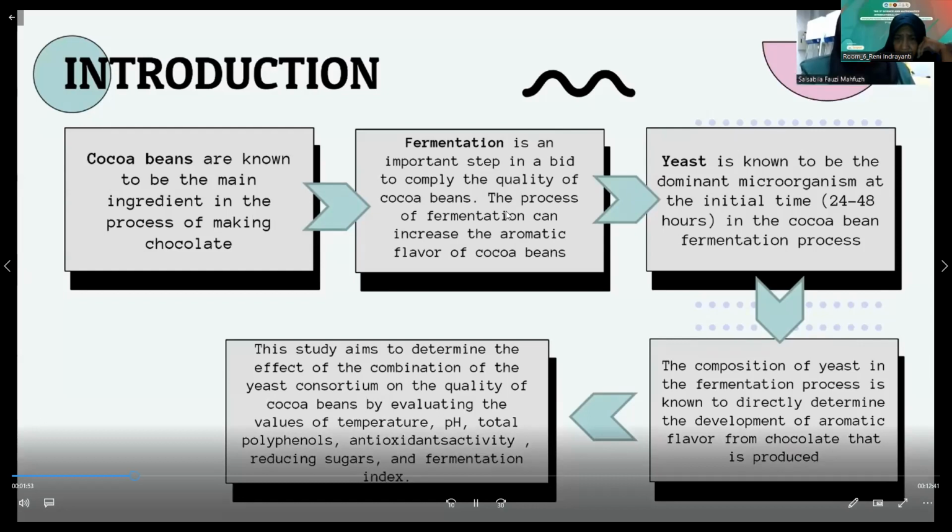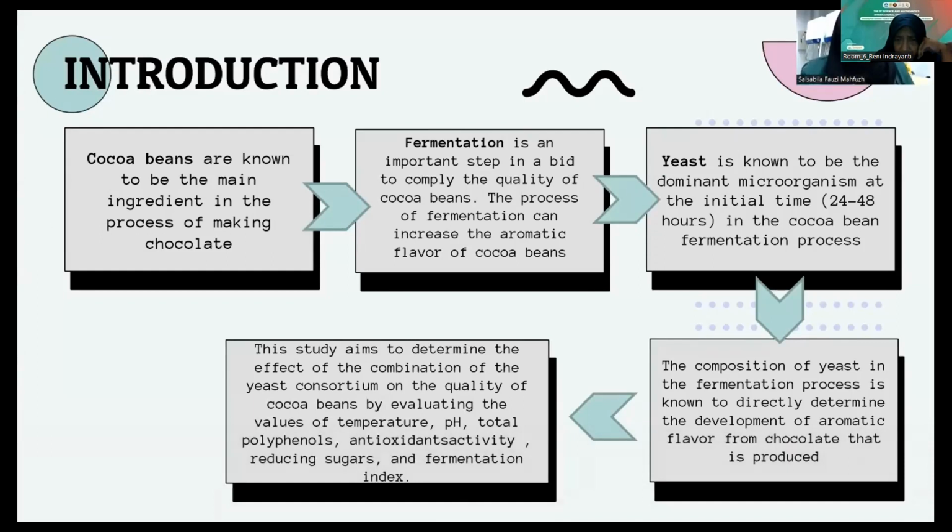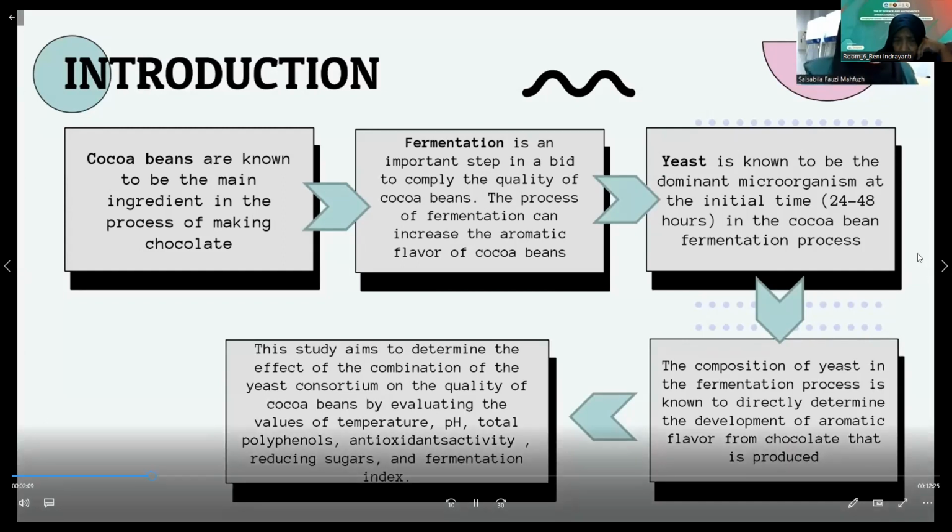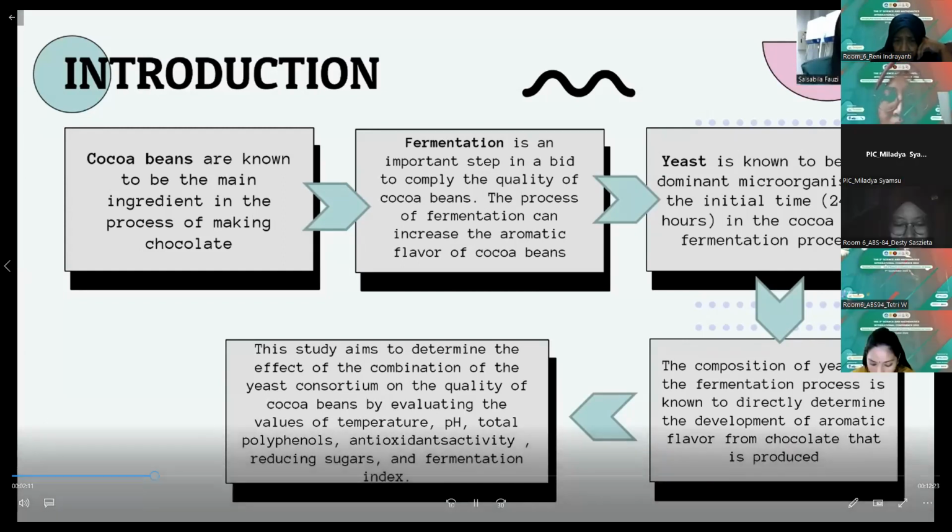It is because the fermentation process takes quite a long time, and the farmers do not like to do that, and they just sell it in the form of dried cocoa beans without fermentation. But some farmers do a fermentation process, carried out in a spontaneous way.